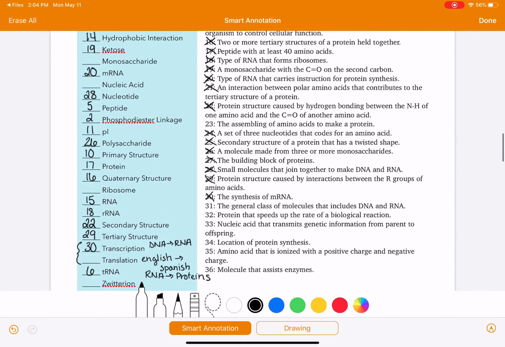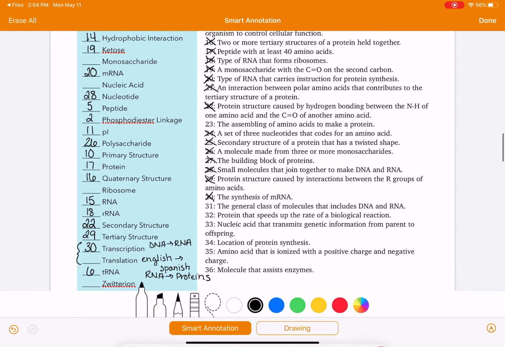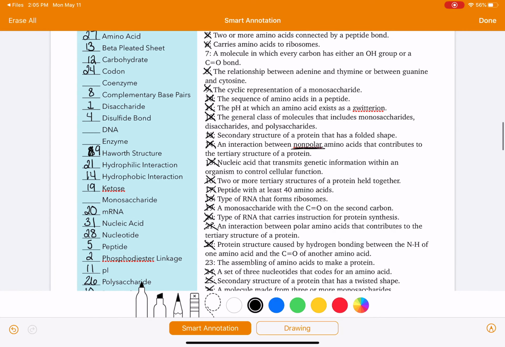And then where was our translation one? Lost it. We'll find it. General class of molecules that includes DNA and RNA, those are nucleic acids, 31. Protein that speeds up the rate of a biological reaction is an enzyme, so that's 32.